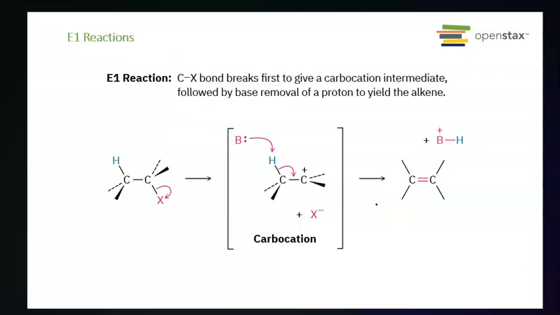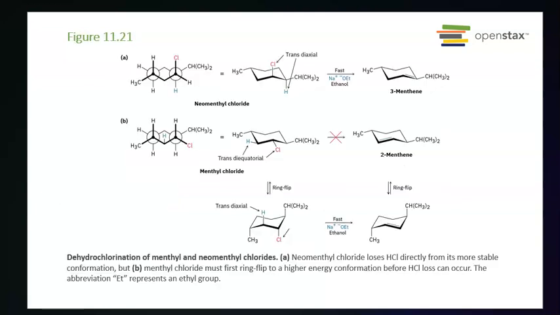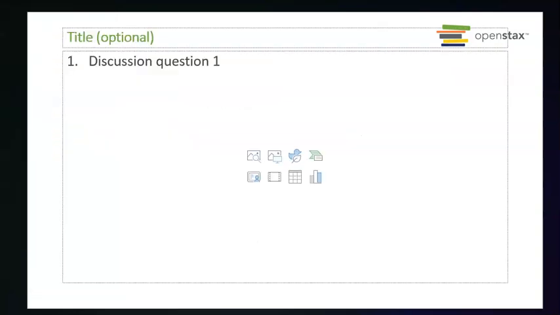Next is E1 elimination. So before that, let's summarize what we looked at for E2 reaction. Let's put a new slide here. So first thing, in E2 elimination, it is a concerted reaction.